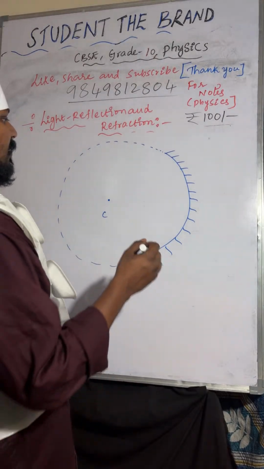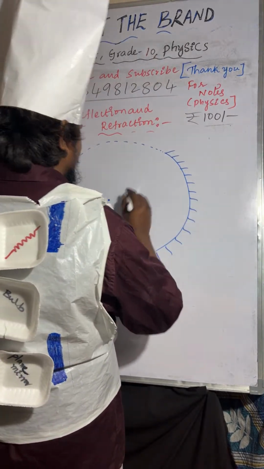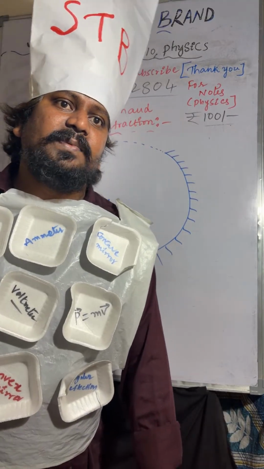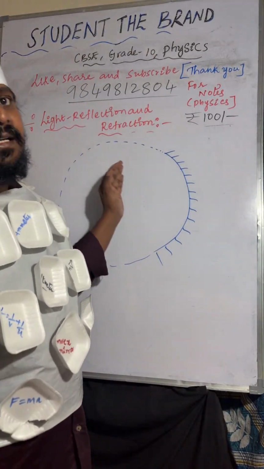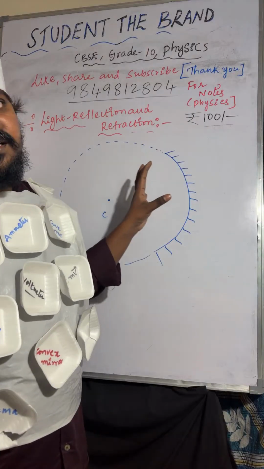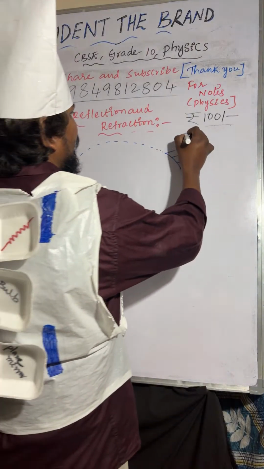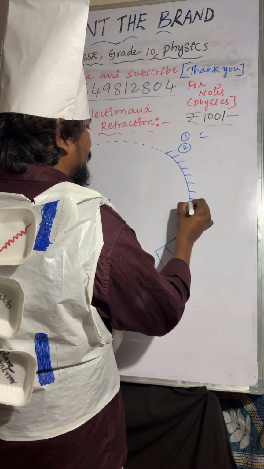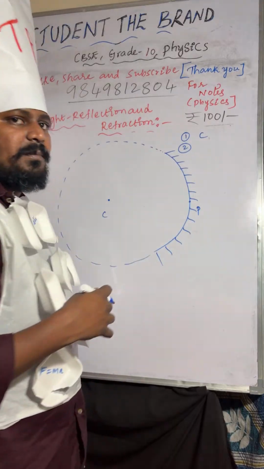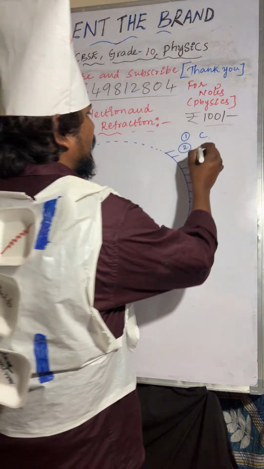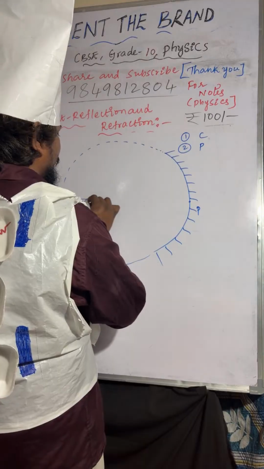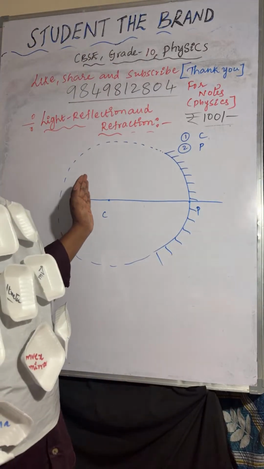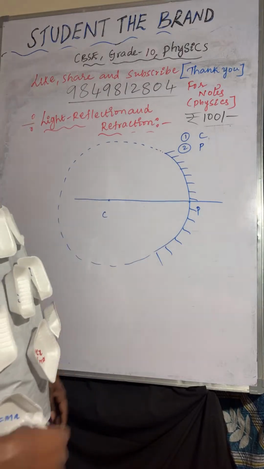The center of the imaginary sphere of which the mirror is a part is called center of curvature. First point is center of curvature. Second point, the midpoint of the mirror, is called pole. The line joining the center of curvature and pole is called principal axis.